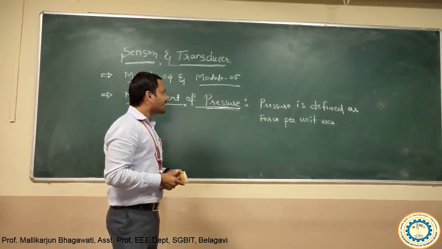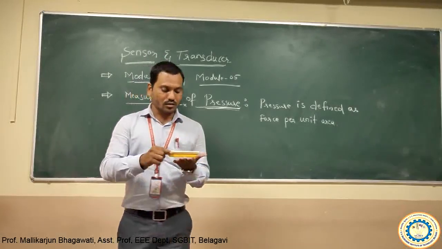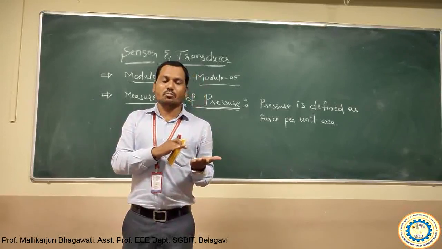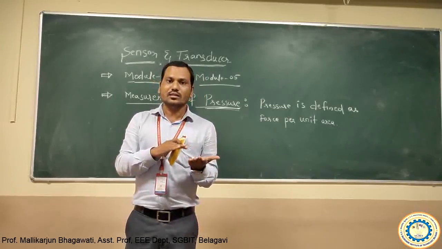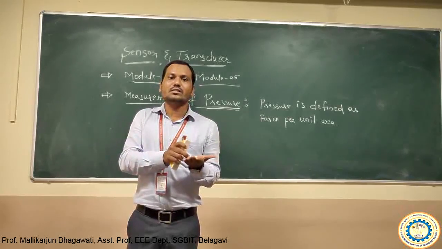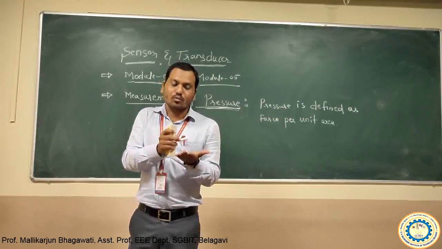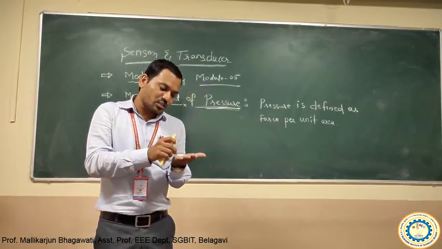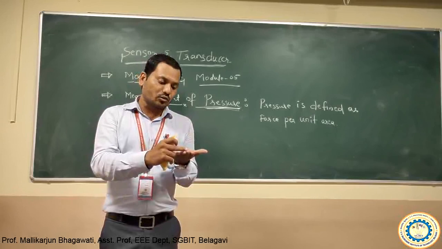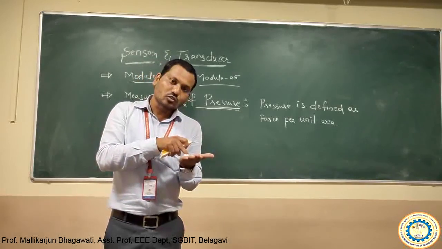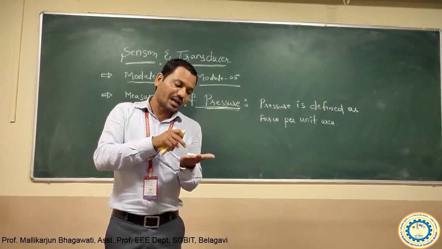For example, this is one object. Presently it is in a standstill condition. I want to move this object, which is a non-electrical quantity, from this place to this place. What will I do? I will apply some force on the object, and it starts moving.